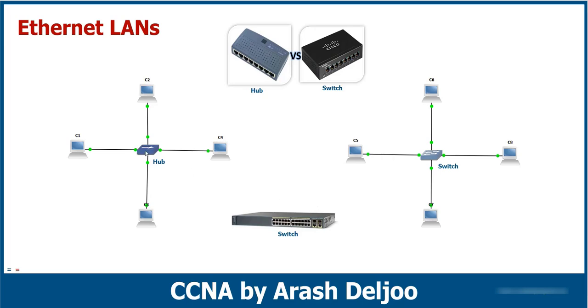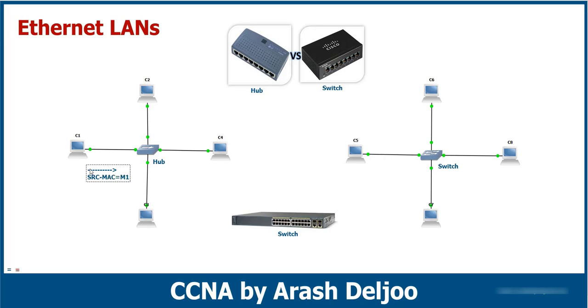As you can see on the left side, we can see a hub. The hub's icon is one rectangle with, for example, one arrow, and computer 1, computer 2, computer 3, and computer 4 are connected to this hub. When we are sending one Ethernet frame, for example from C1, with the source MAC, you know that in each Ethernet frame we have one source MAC, and the source MAC is M1.